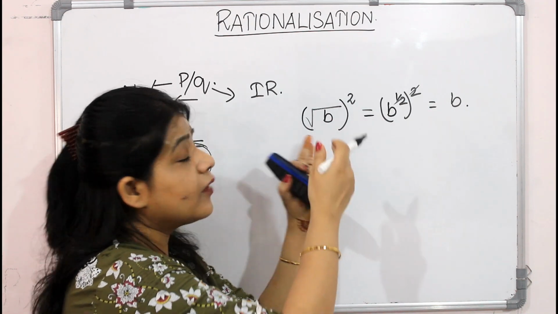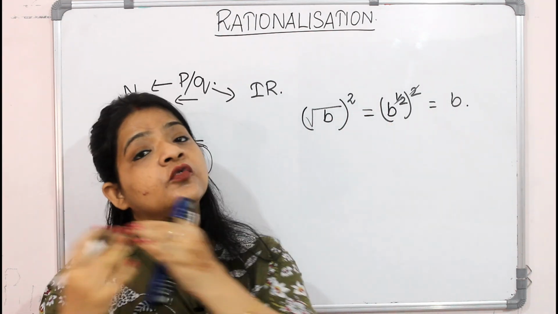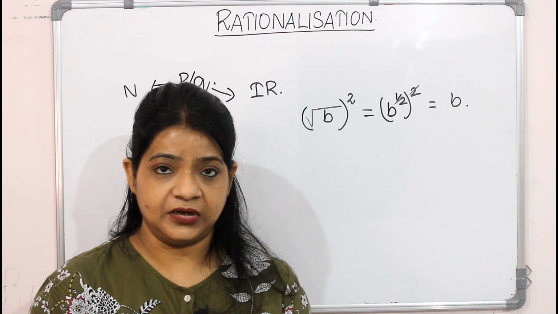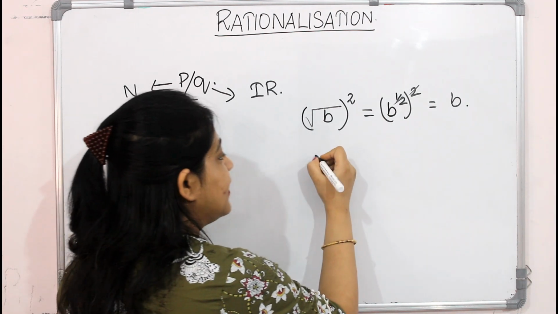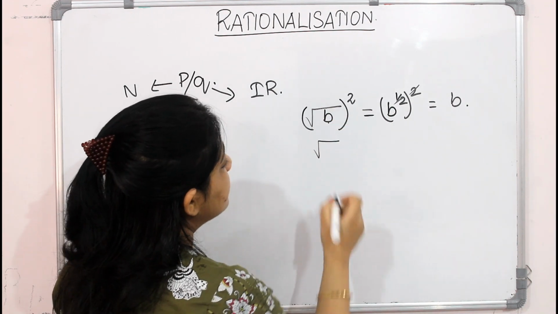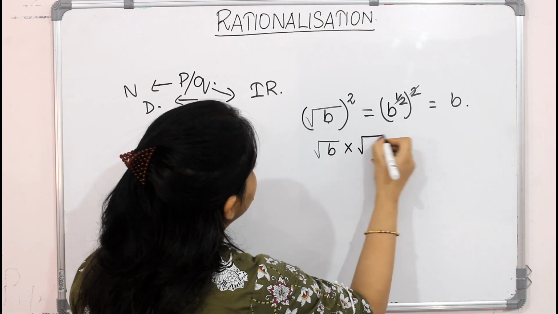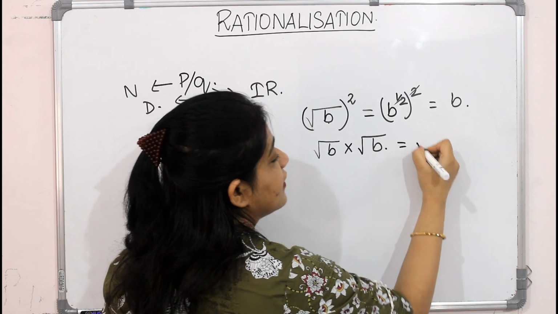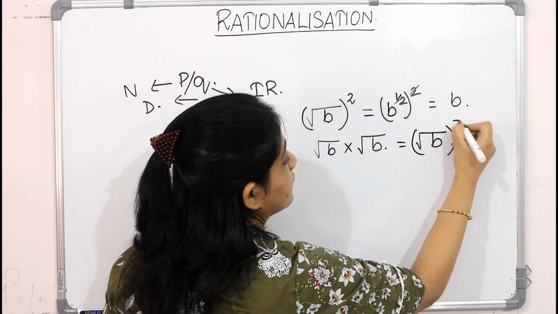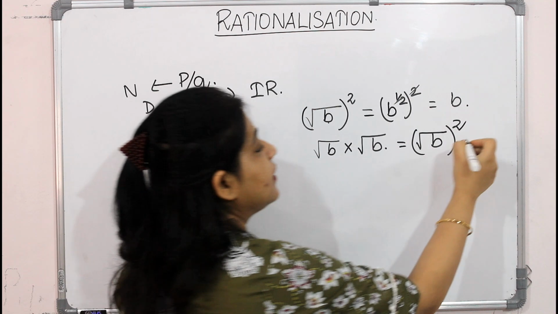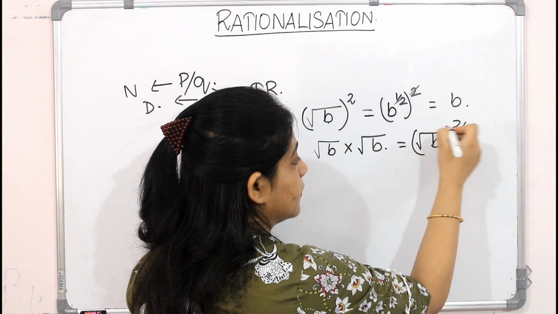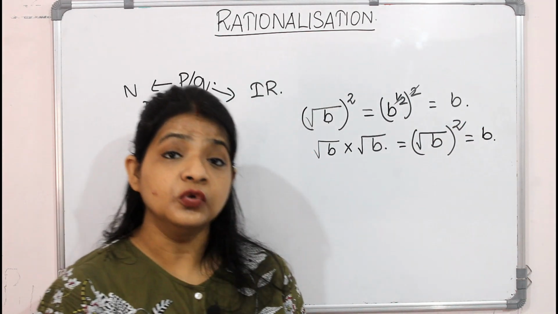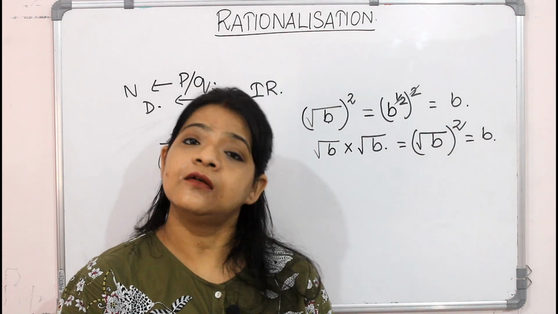So we are going to use this concept to turn the irrational number present in the denominator into a rational number. Can we write root b square as root b into root b? Yes, we can easily write that. Since it is placed within the square, you can easily remove the root and it can be called a rational number.